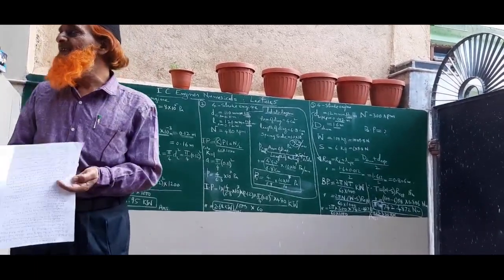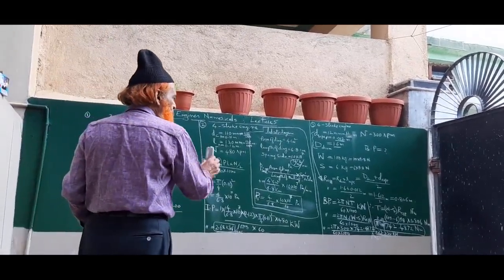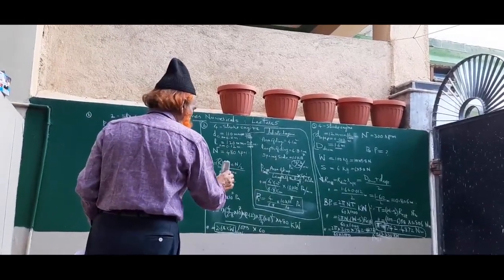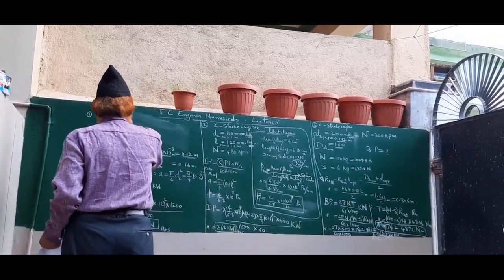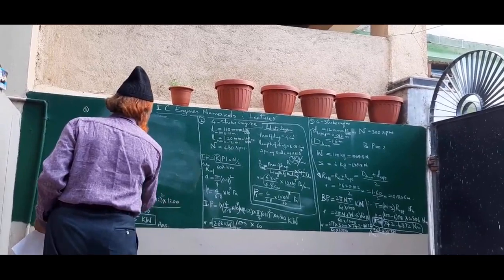Very good, very interesting numerical, very interesting problem. All of you are very clear of these three numericals, no? Now let us take this fourth numerical. What are the details given in this?